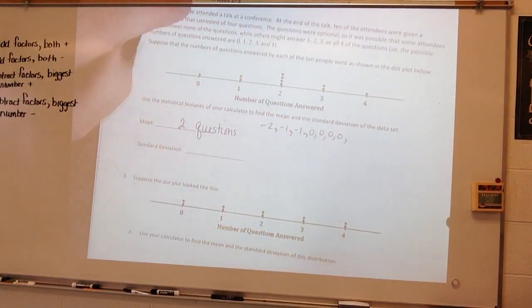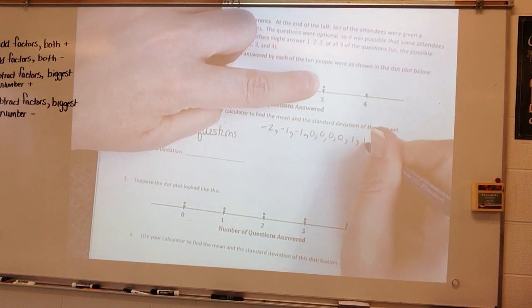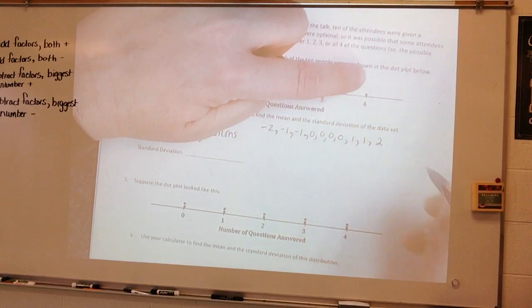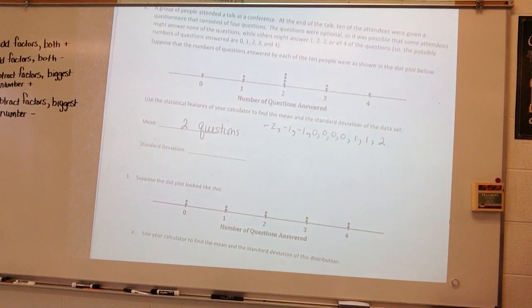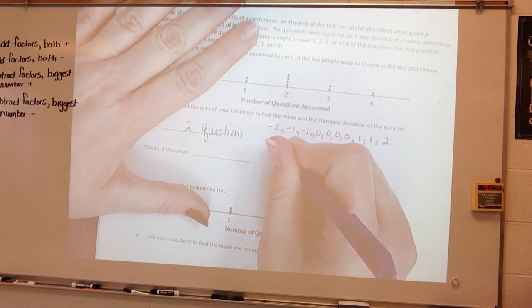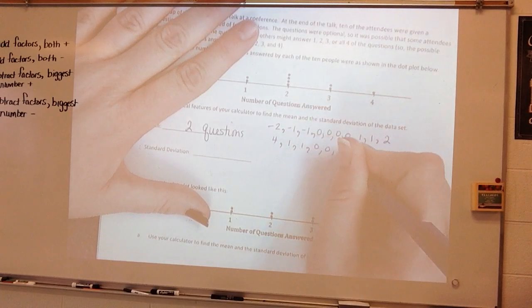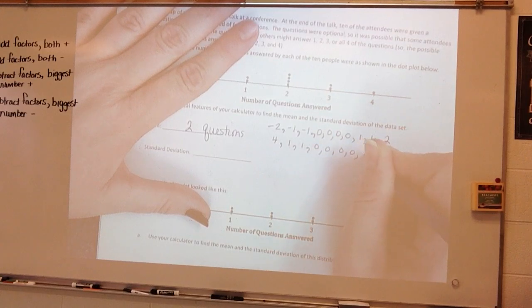Now remember, I got to do each point. 3 minus 2 is 1, so I've got 2 of those, and 4 minus 2 is 2. Alright, so now I've got to square these. So I get 4, 1, 1, 0, 0, 0, 0, 1, 1, and 4.